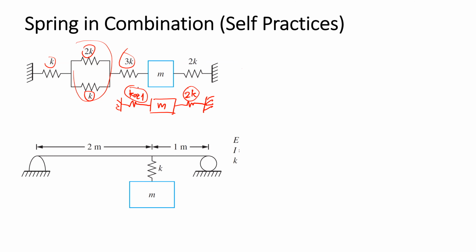Do you think the spring from the right hand side and the left hand side are connected in series or in parallel combination? Series. I give you another chance to think about.